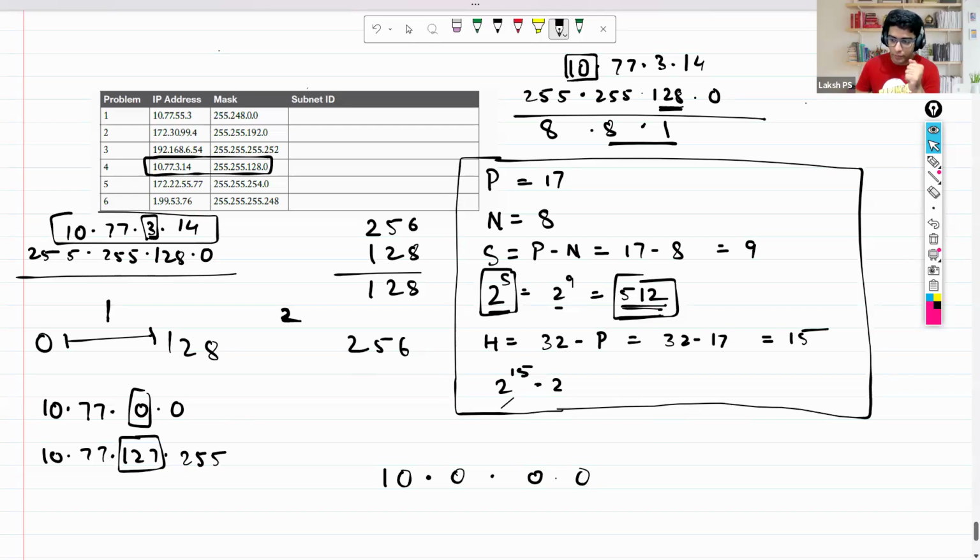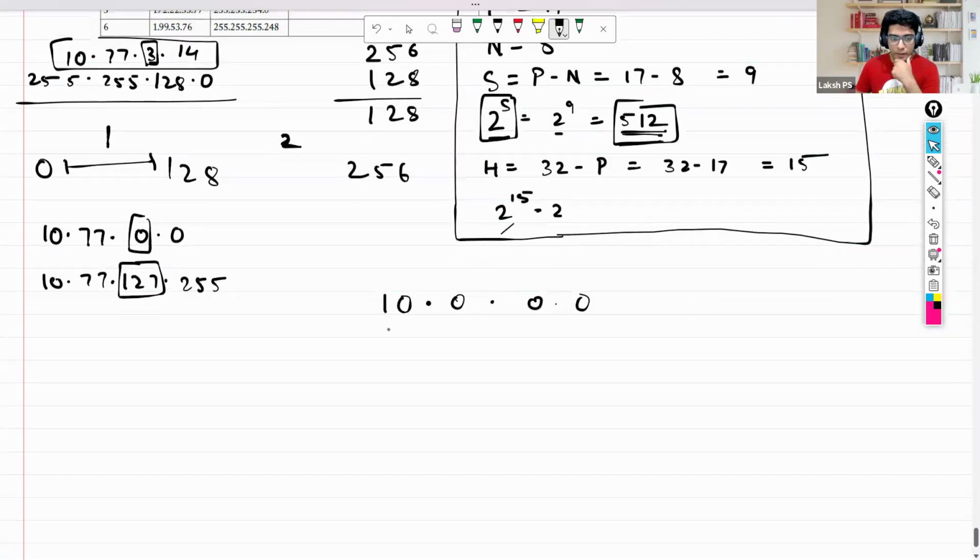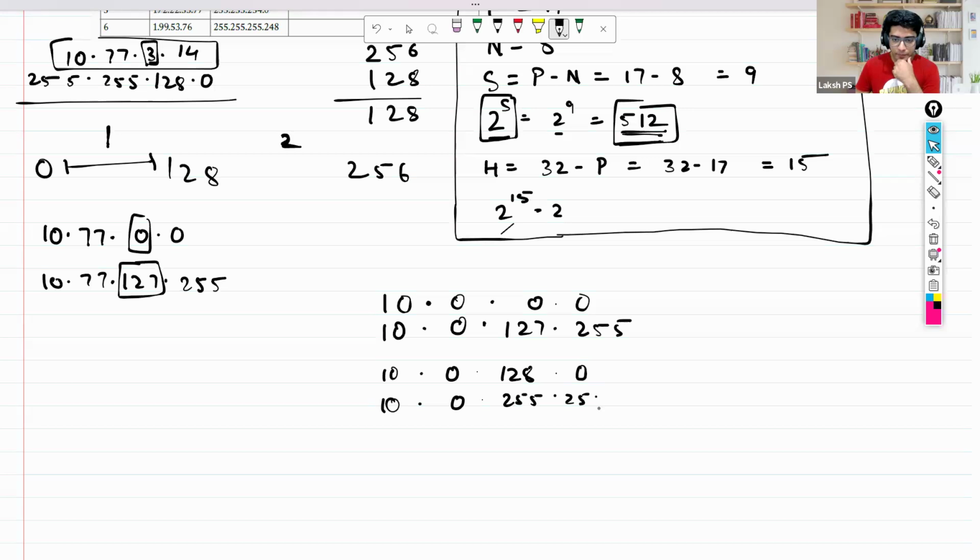So from the third octet's perspective, the first subnet will go from 10.0.0.0 to 10.0.127.255. Then the next subnet will be 10.0.128.0 to 10.0.255.255.